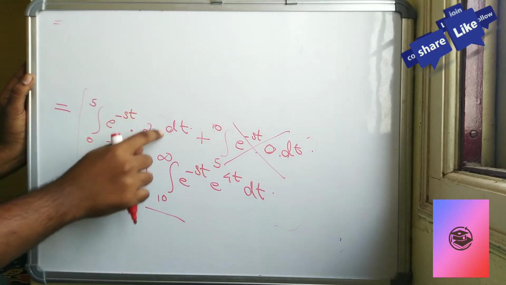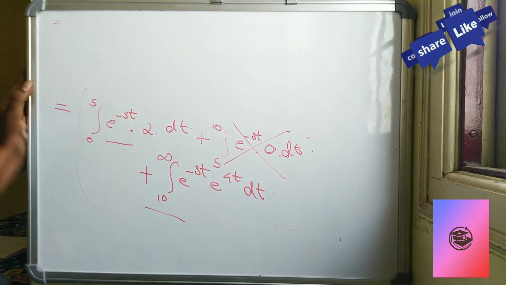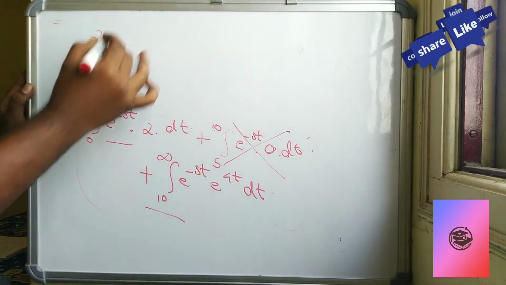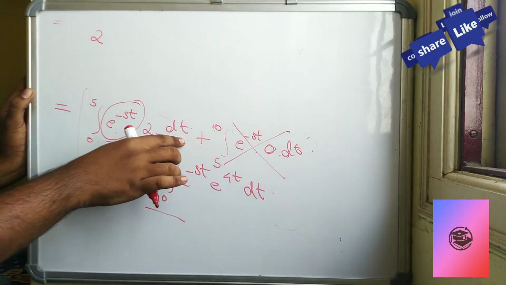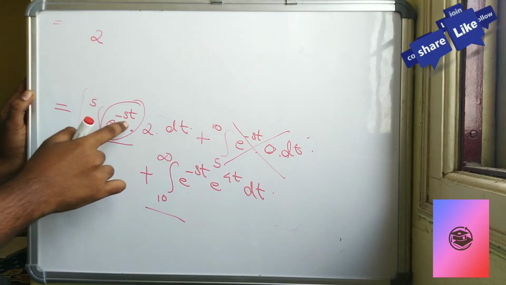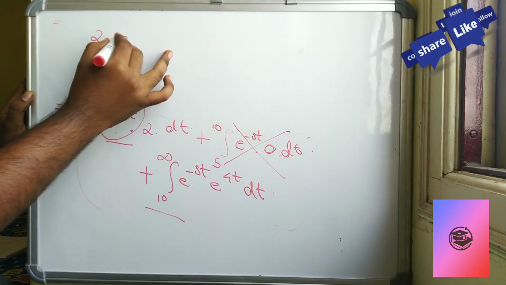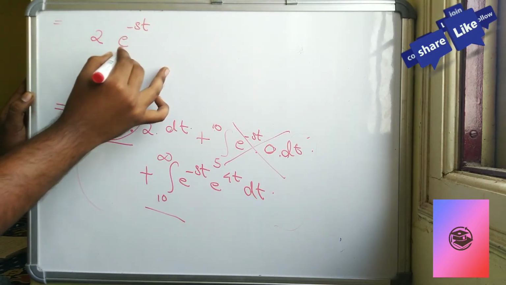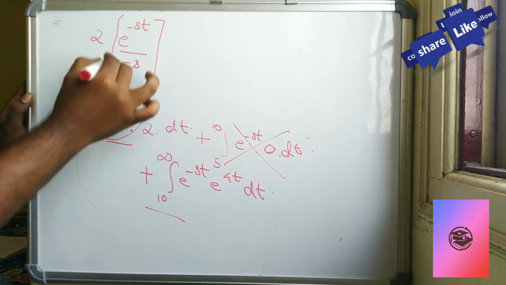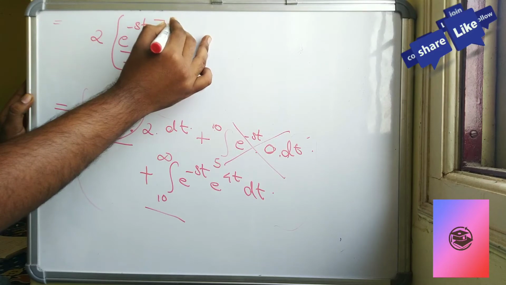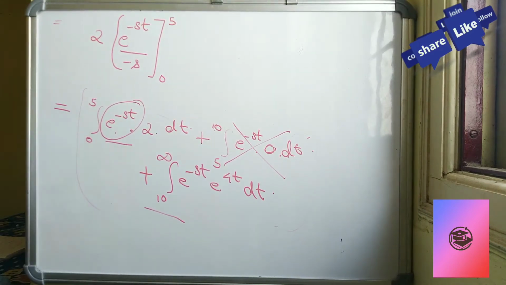Now 2 is nothing but a constant, you can take it outside. So 2 outside. Integration of this with respect to t will be e power minus st by minus s, with limits 0 to 5. I hope you understood.